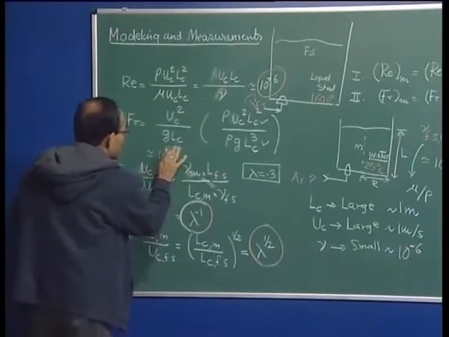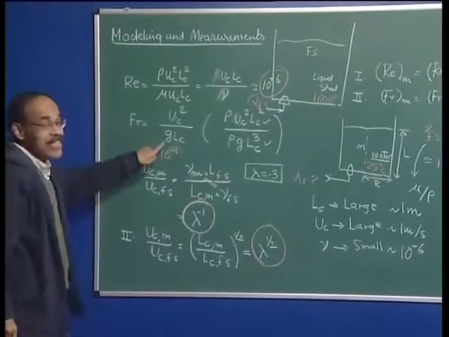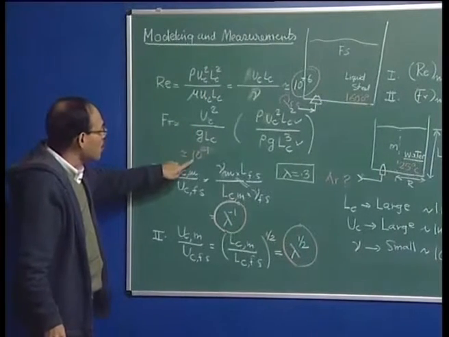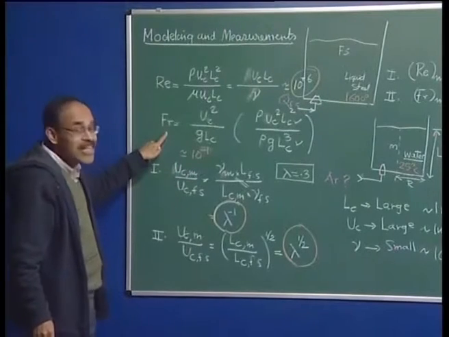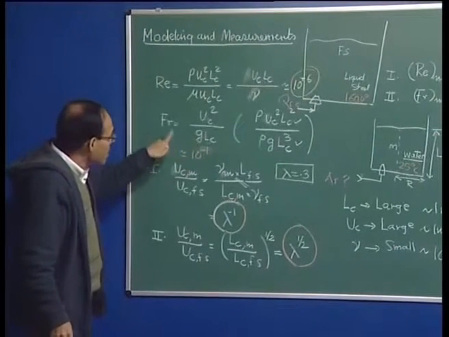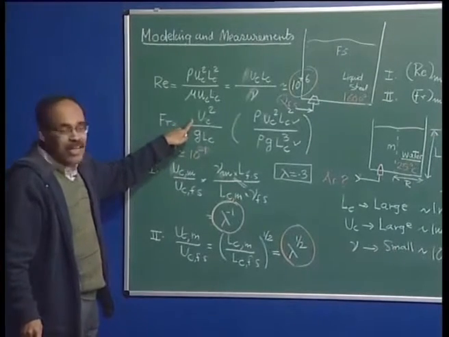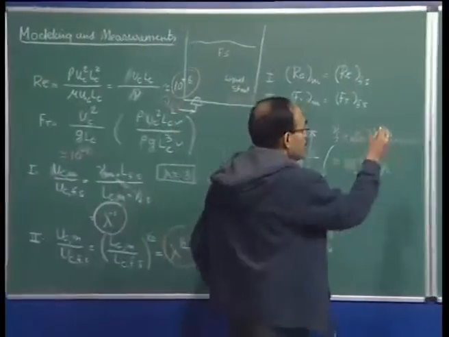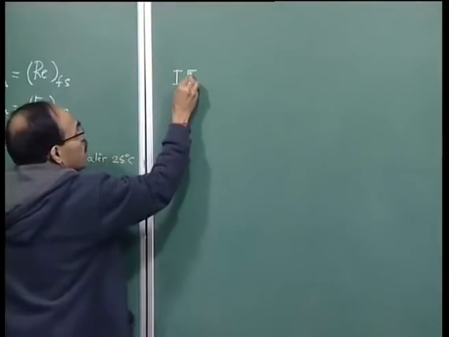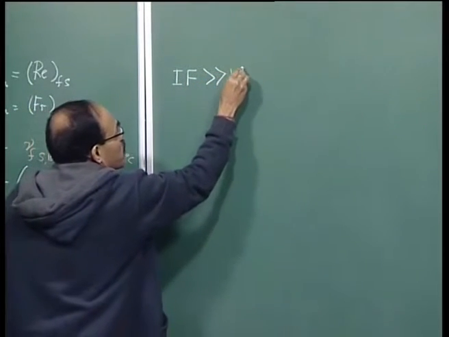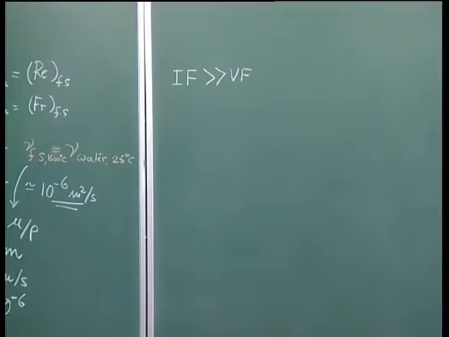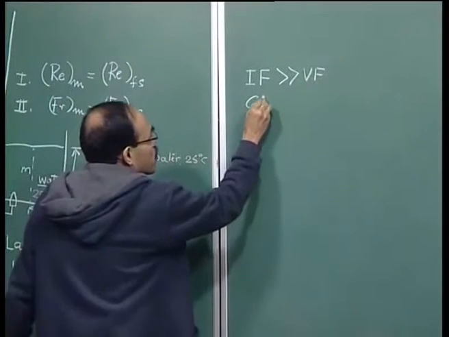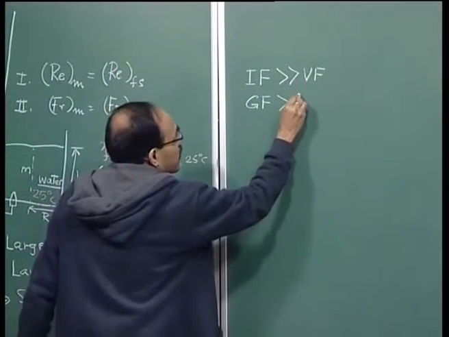This tells us that the gravitational force is 10 times larger than the inertial force. So, the Reynolds number tells us that the inertial force is much larger than the viscous force, and the Froude number order of magnitude value tells us that the gravitational force is larger than the inertial force.